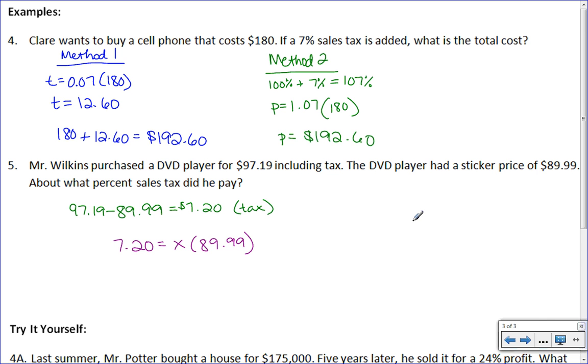And once again, to solve this for x, we'll divide both sides by $89.99. And we get x is equal to 7.20 divided by 89.99. Comes out pretty close to 0.08. So the question asks about what percent sales tax did he pay? It's about 8%.